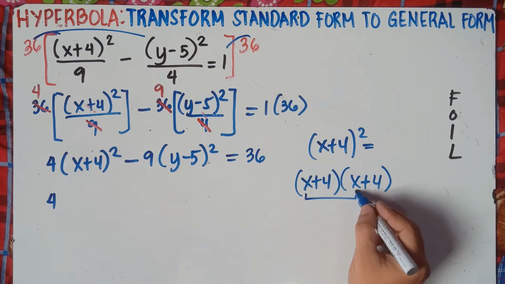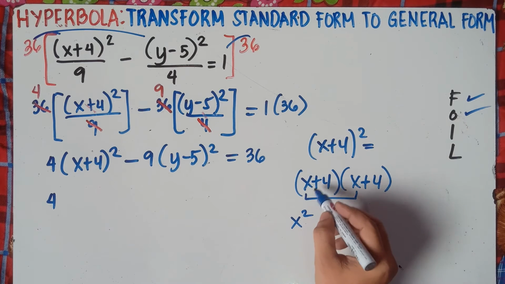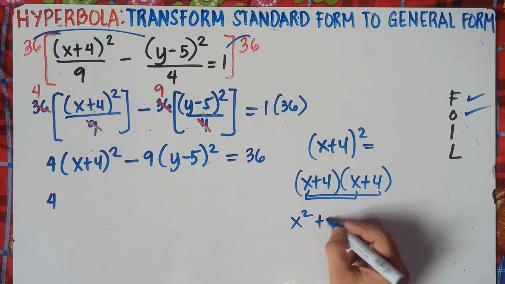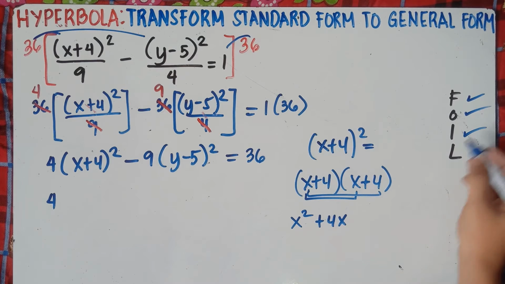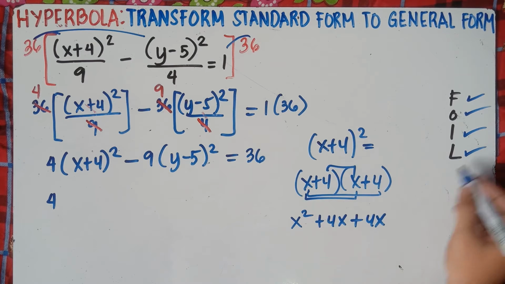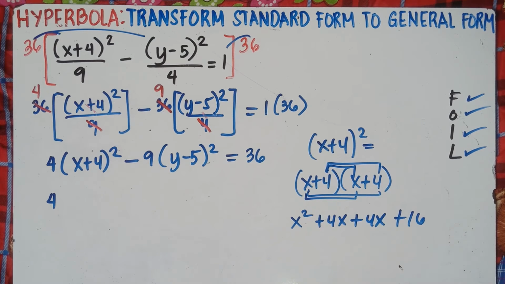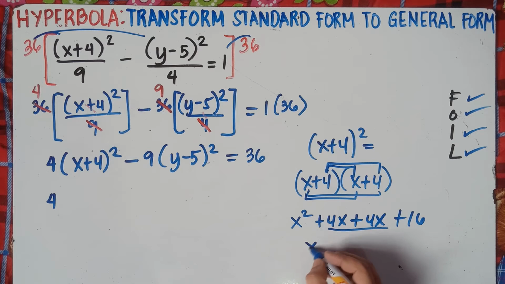X times x is x squared. Outer: x times positive 4 is positive 4x. Inner: 4 times x is positive 4x. Last: 4 times positive 4 is positive 16. Then combine like terms: x squared plus 4x plus 4x.